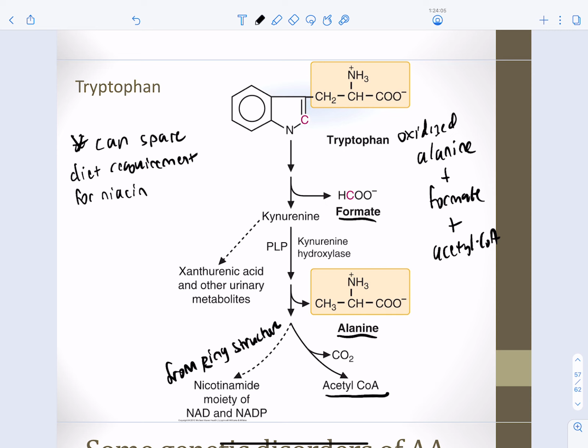So if you have poor niacin diets, people who eat white rice, things like that, and you supplement with tryptophan, tryptophan can form NAD and NADP from its ring structure, and you can spare your body from that deficiency.